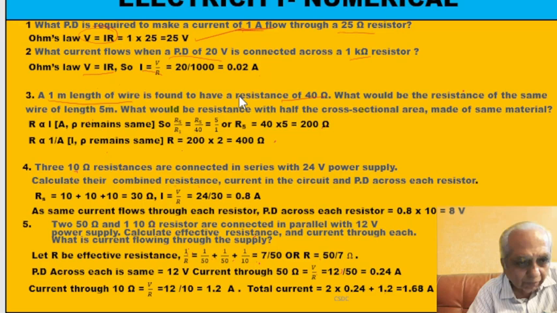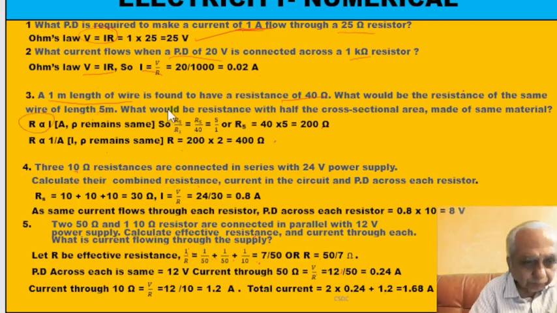As we know, R is proportional to L, the length of the wire, when area of cross section and specific resistance are the same. So R1 upon R2 equals L1 upon L2. L1 upon L2 is 5 upon 1 and one R is given, so I will come to know the other R. Is it alright?